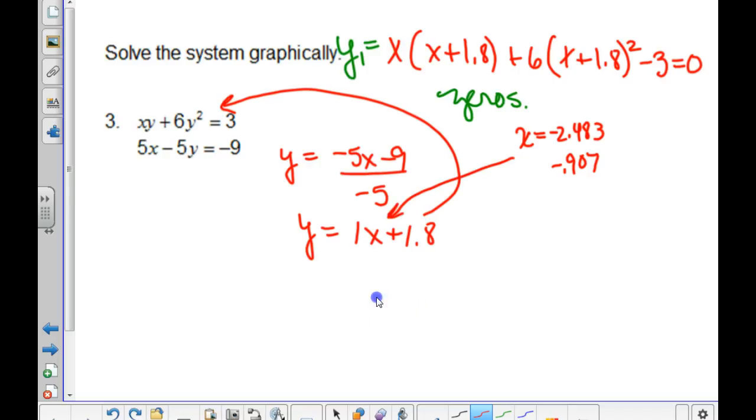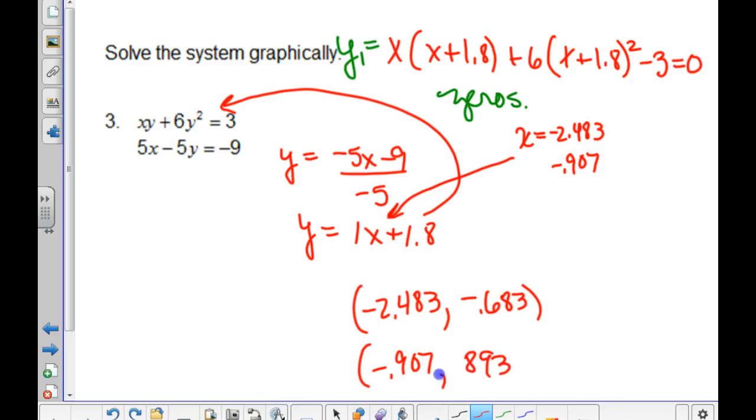Okay, these are my x values, so -2.483 comma, somebody add 1.8 to that. -2.483 plus 1.8. Okay. Thank you. All right.